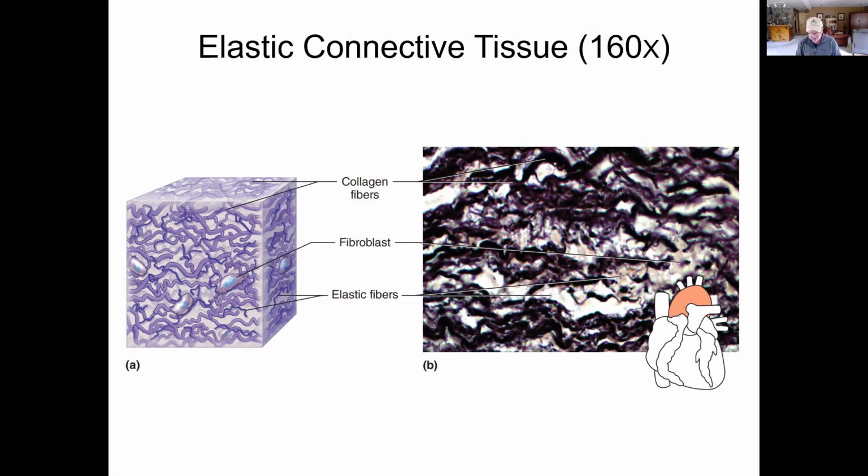And this is the perfect tissue to do that. Provide both strength and rigidity. Some regions of the respiratory air passageways also would have elastic connective tissue in it too.